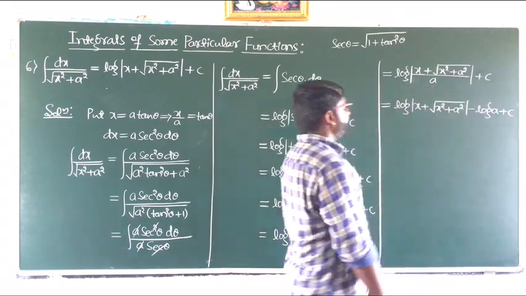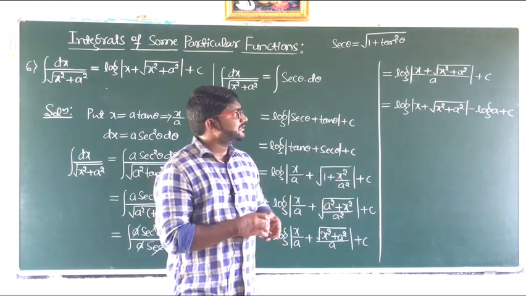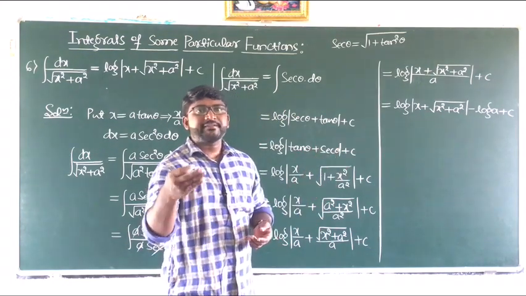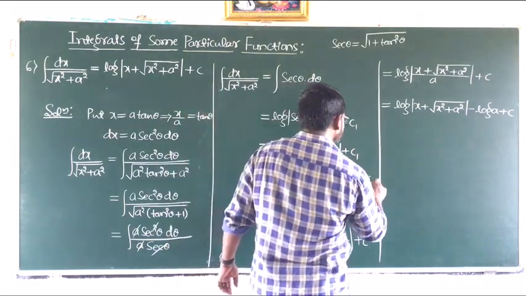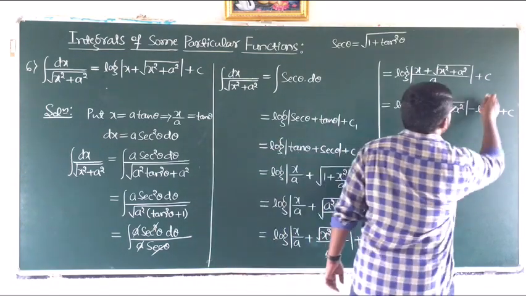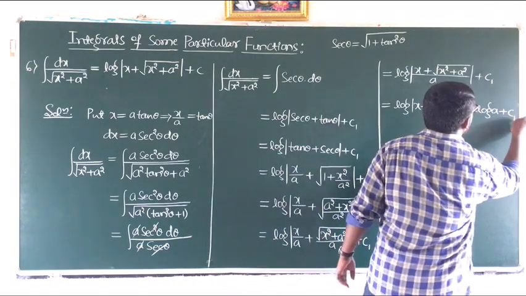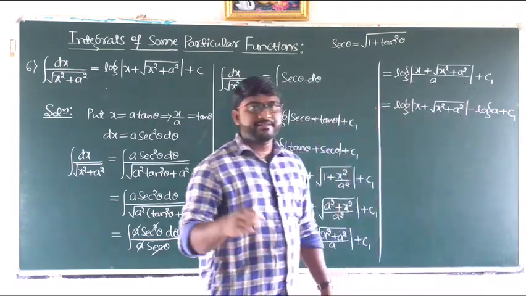So here minus log a plus c is a constant. So in integration we can replace a constant by another constant. So I take all this as c1. So now minus log a plus c1 can be written as c.